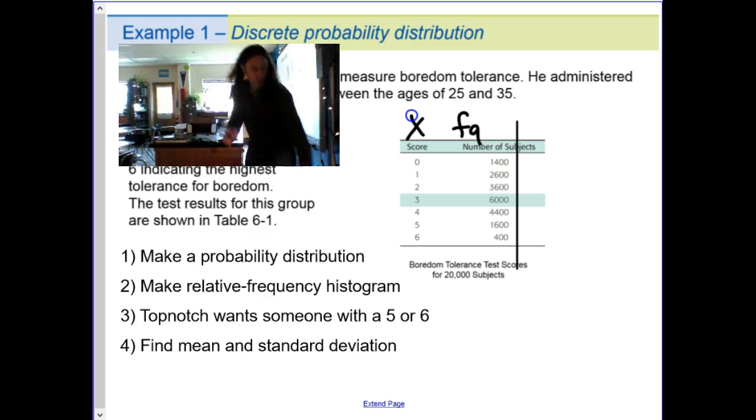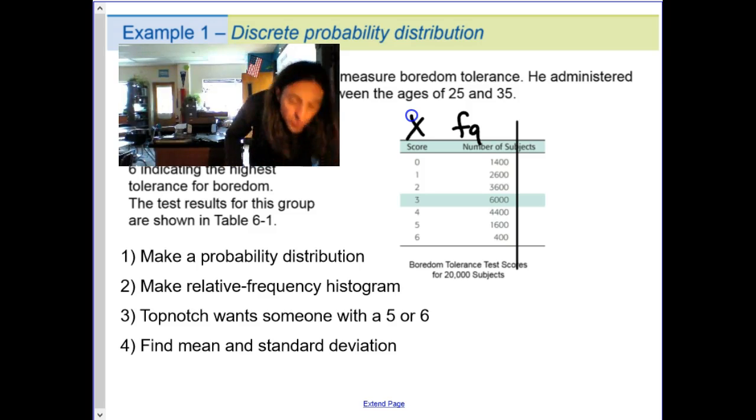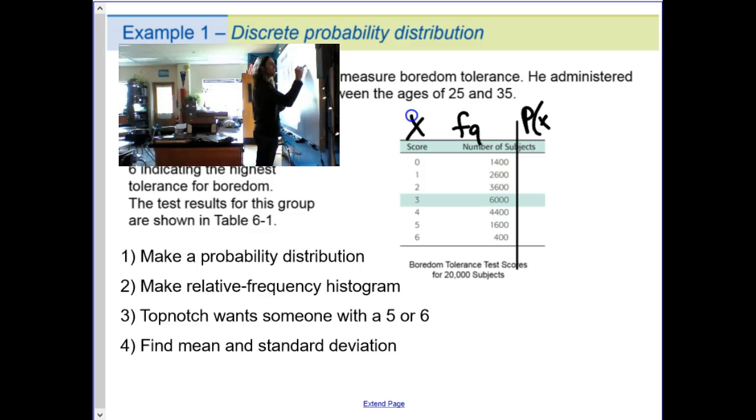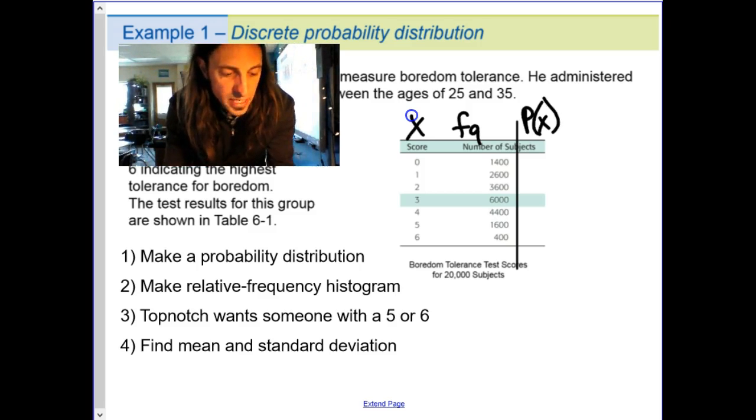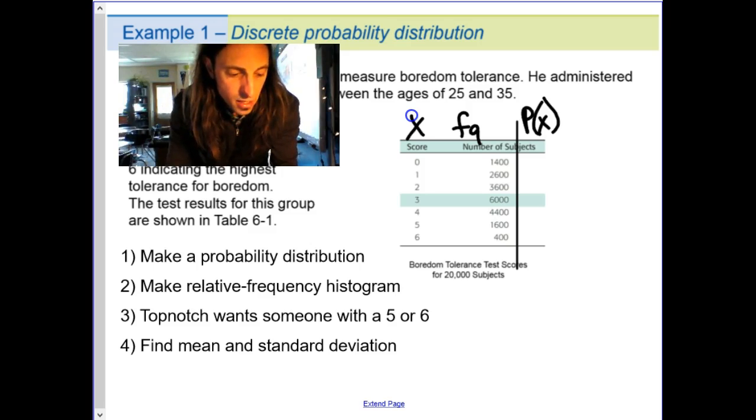So how do we do that? Well, if we know there's 20,000 people in our study, the probability of x will be assigned to each one. So the first one would be 1,400 divided by 20,000, right? And that's 7%.